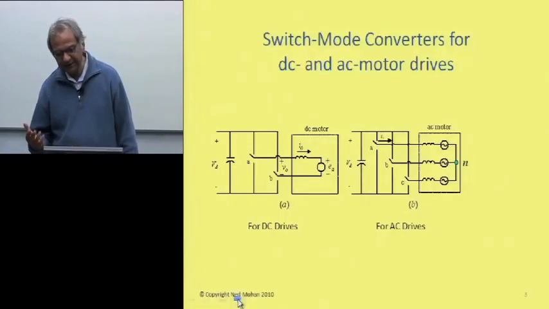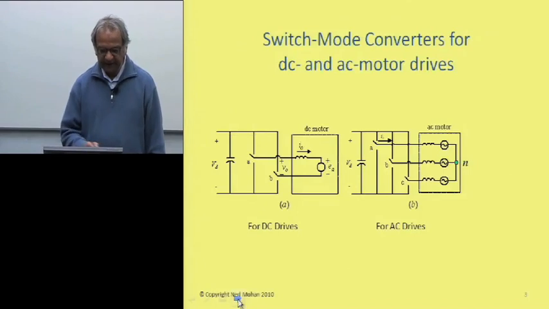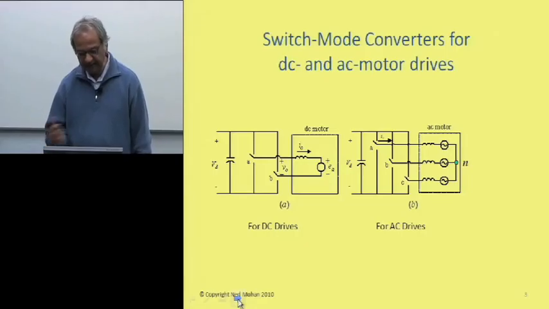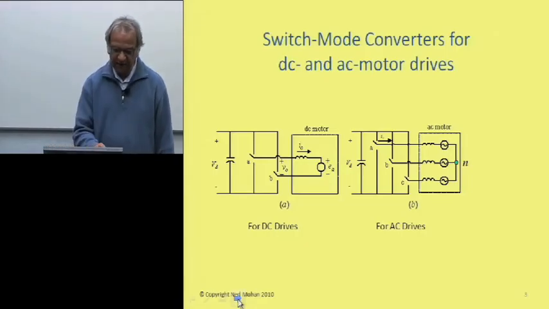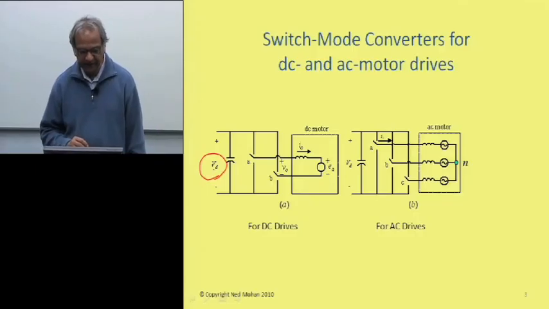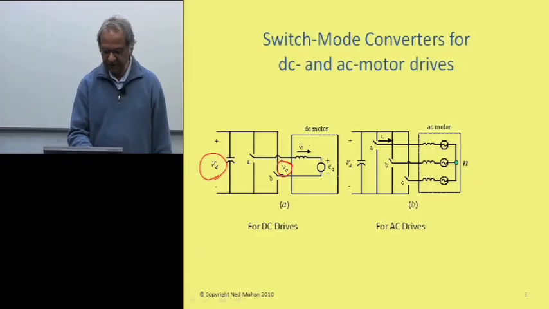So let's take a case of this DC motor drive, and we were just looking at the right-hand side of that block diagram we saw earlier. So let's say that we have that DC voltage across that large capacitor, and what we are trying to do is to control this output voltage here across this DC motor and this current over here.